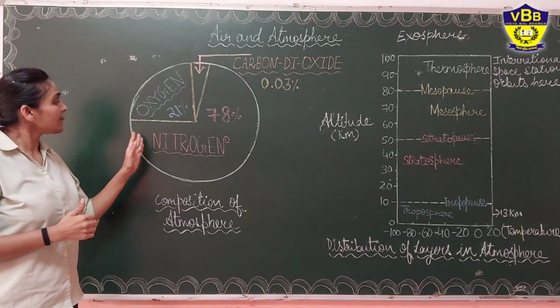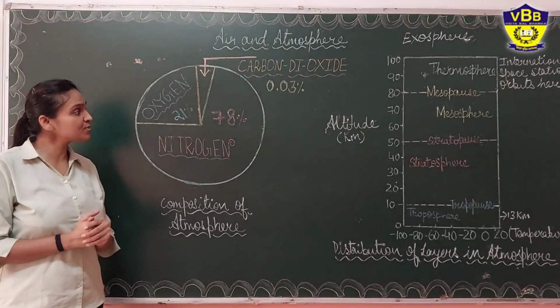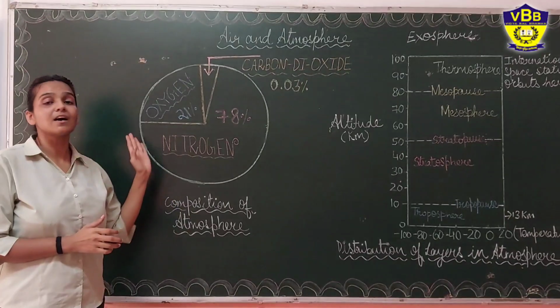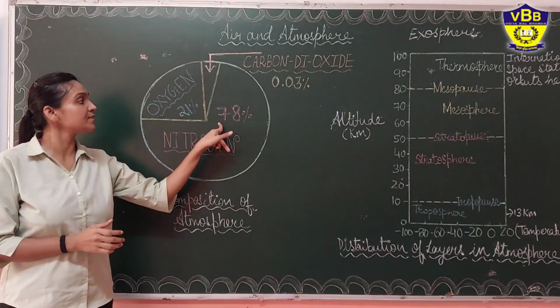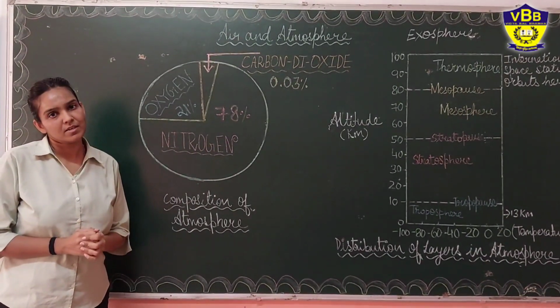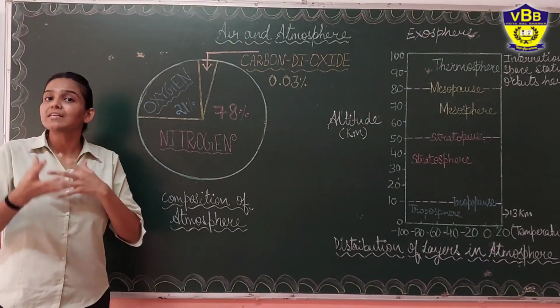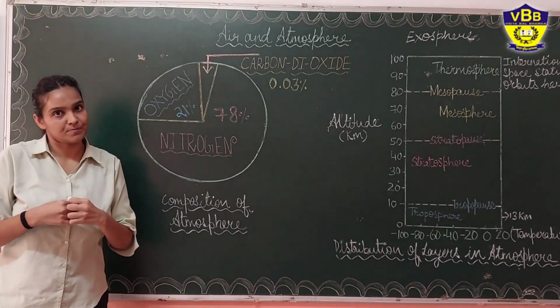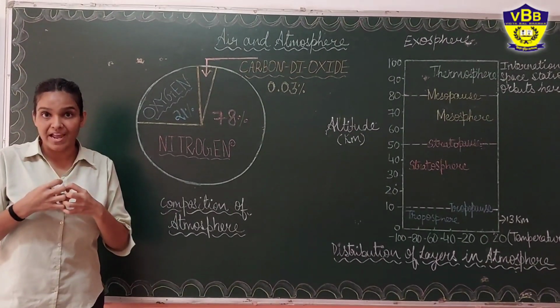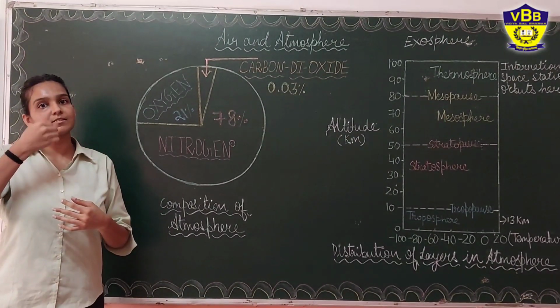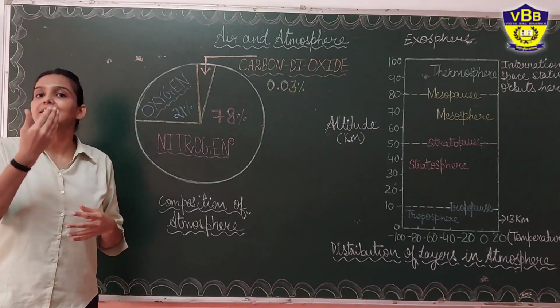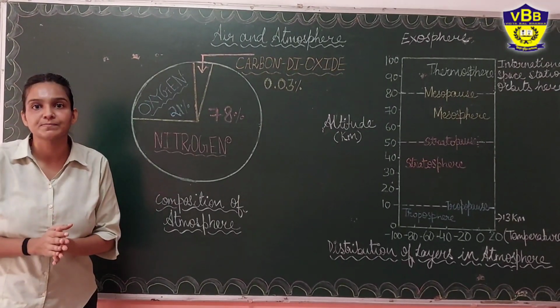Now, coming to nitrogen, as you can see, it is present in the largest amount, that is 78%. Humans and plants do not directly absorb nitrogen. When we breathe in air, as it is present in the atmosphere, it enters our lungs, but we exhale it out and we do not use it.